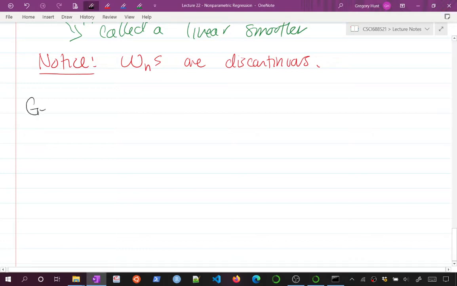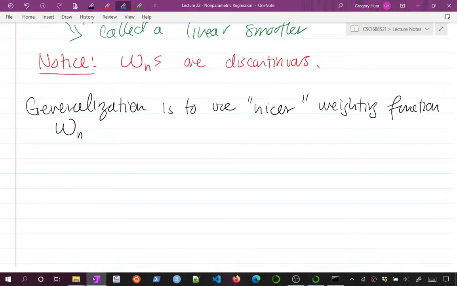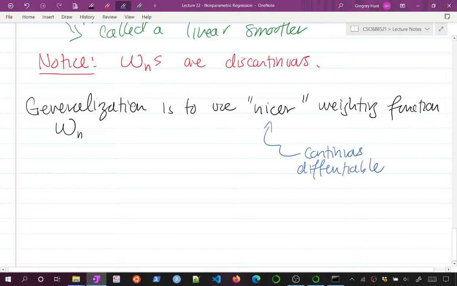The generalization of this is to use, let's say, a nicer weighting function W, or Wn, for example. And when I say nicer, maybe it's continuous, maybe it's differentiable, it's smooth.